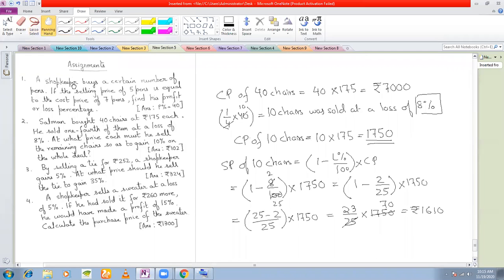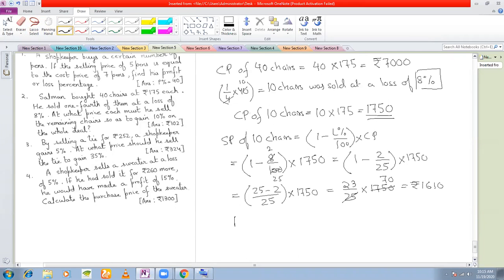Okay, how many chairs does he have remaining? 30 chairs. So remaining chairs is equal to 30. What is the cost price of 30 chairs? 30 into 175.